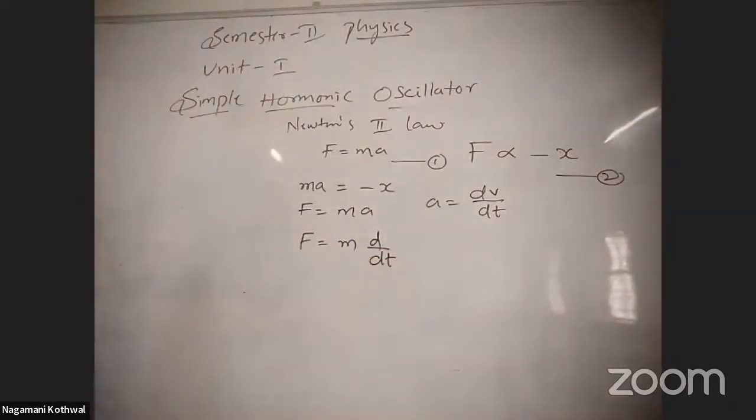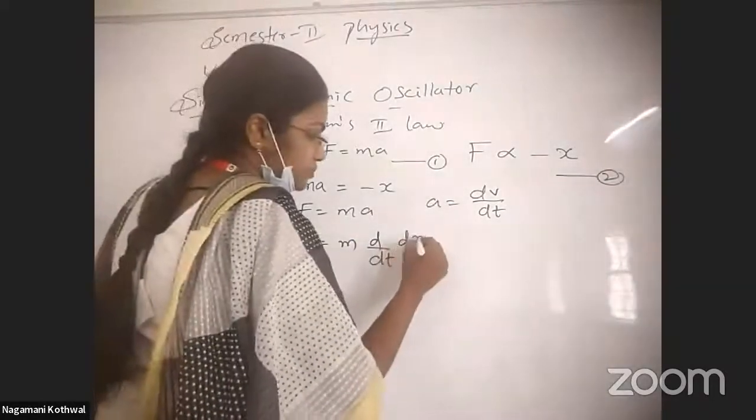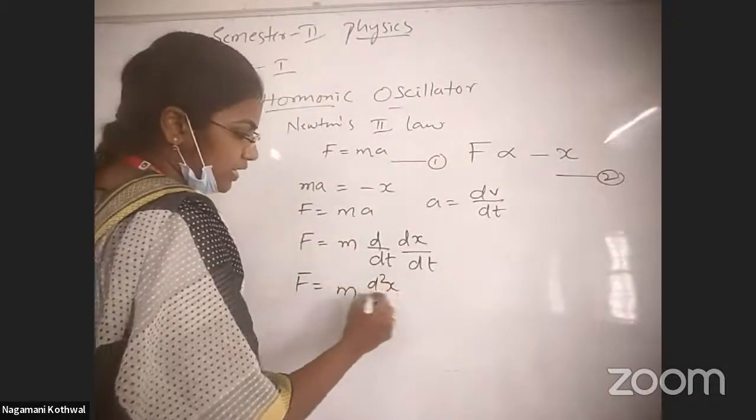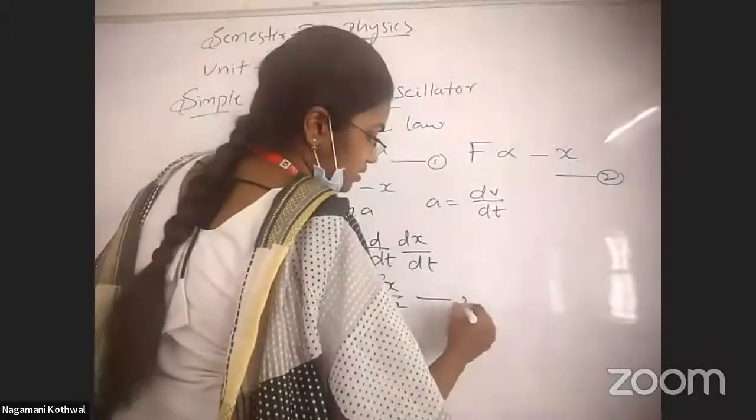You can write velocity as dx by dt, the change in position. F is equal to m into d square x by dt square. Equation number 3.